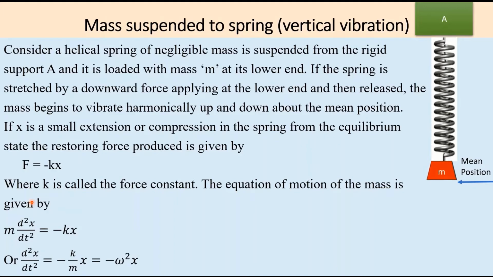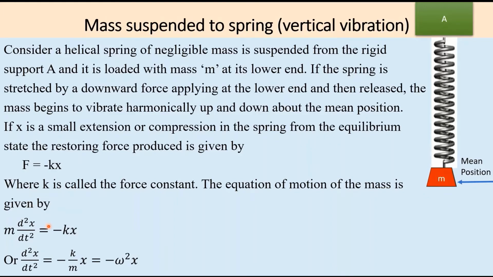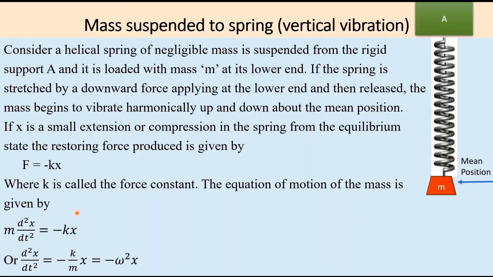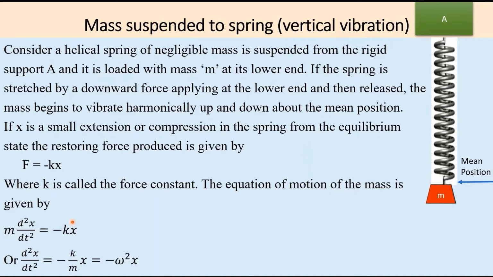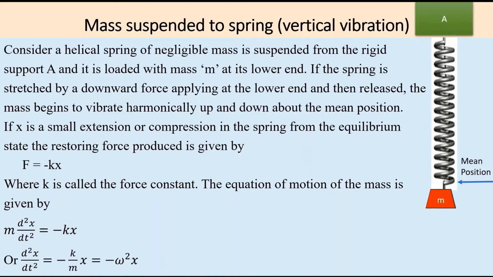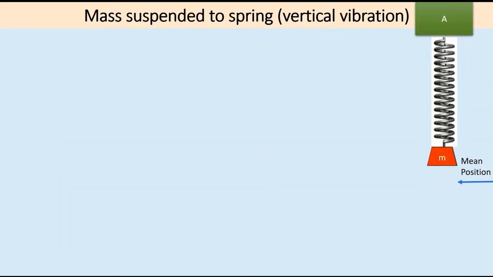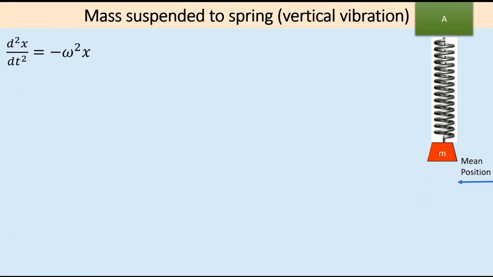Therefore d squared x by dt squared is equal to minus k by m into x. Let us consider k by m is equal to omega squared. Then we get d squared x by dt squared is equal to minus omega squared x.